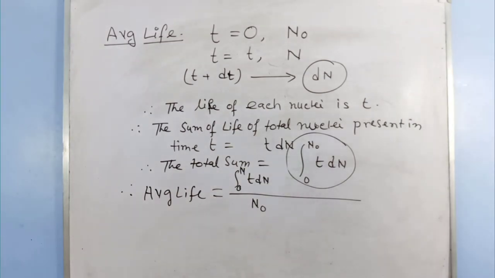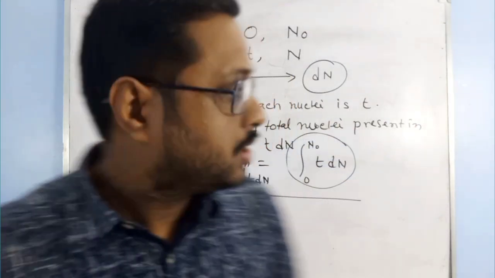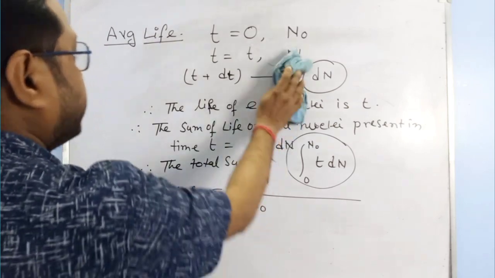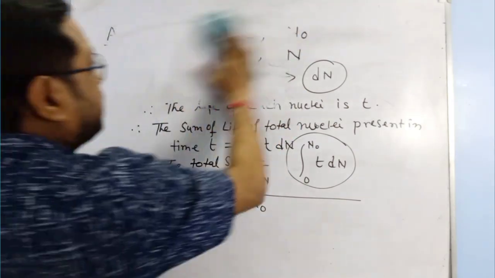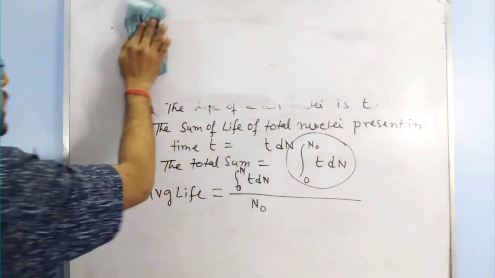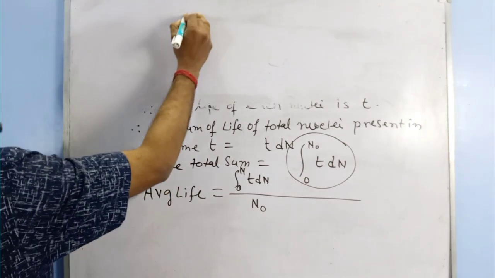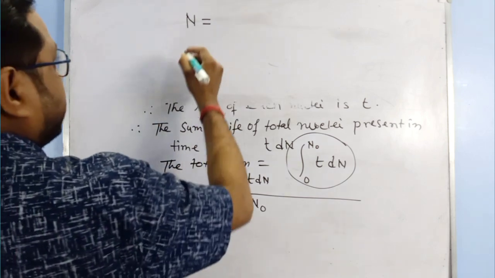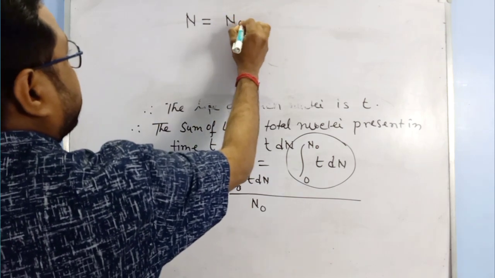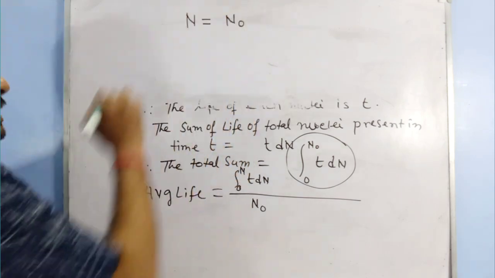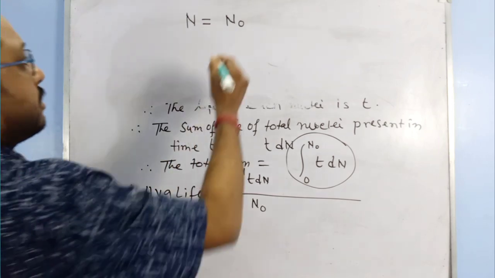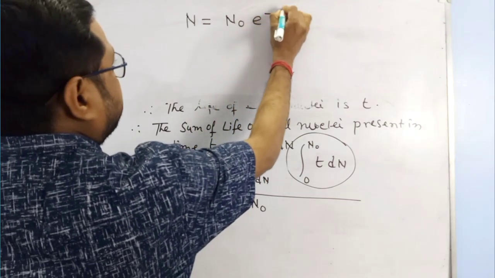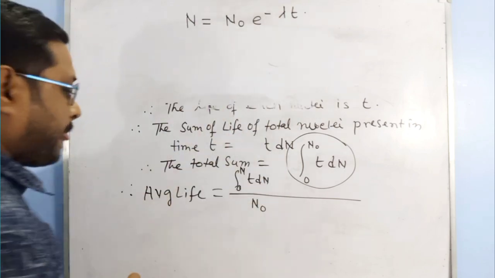So, we can now evaluate the integration from 0 to N0 of t dN. From the radioactive decay law, we know that N, the number of undecayed nuclei at time t, is equal to N0, the number of initial nuclei at time t equal to 0, into e to the power minus lambda t.